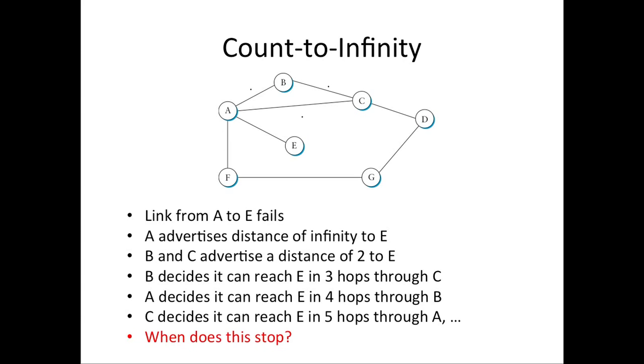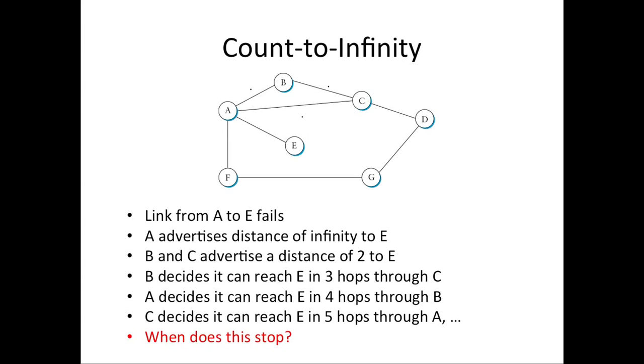Why doesn't A, when it loses contact with E, say I'm 0 hops away from E? That'd be even worse. If somebody says I'm 0 hops away, that means you have no contact with it, you'd be E.